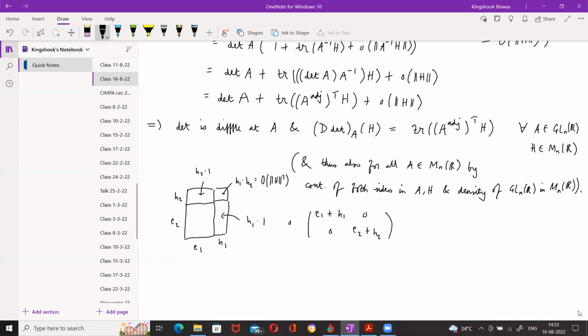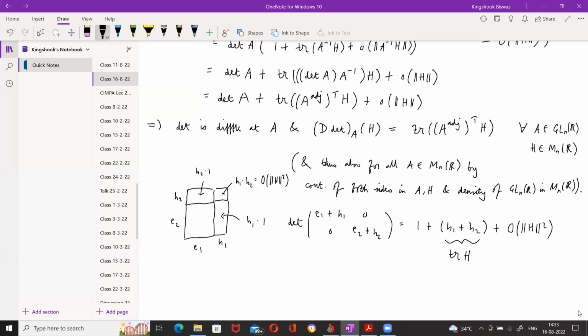So this area, or this determinant, is just 1 plus h_1 plus h_2 plus big O of norm h squared. And you see this is the trace, right?